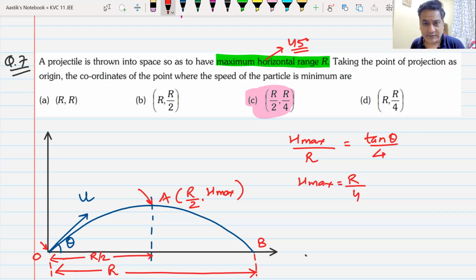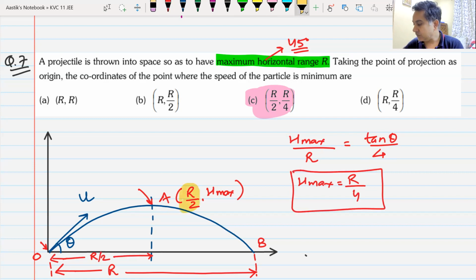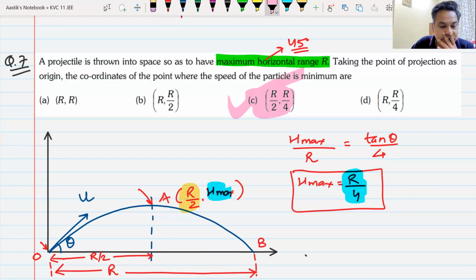Here the range is maximum, so theta is 45 degrees, tan of 45 is 1. So your H max becomes r by 4. Your x coordinate is already r by 2. Your y coordinate now becomes r by 4. In any case, the correct answer is option C. I hope you got this. Yes or no? Please remember where we have used which formula.